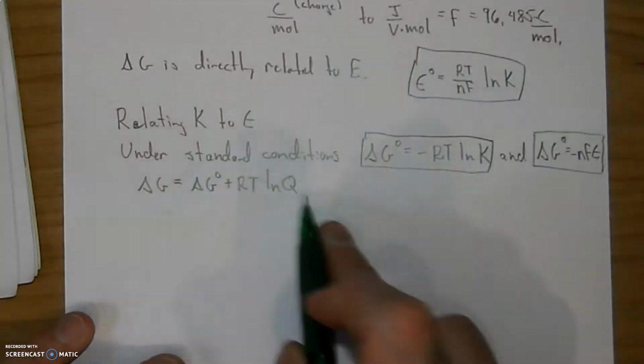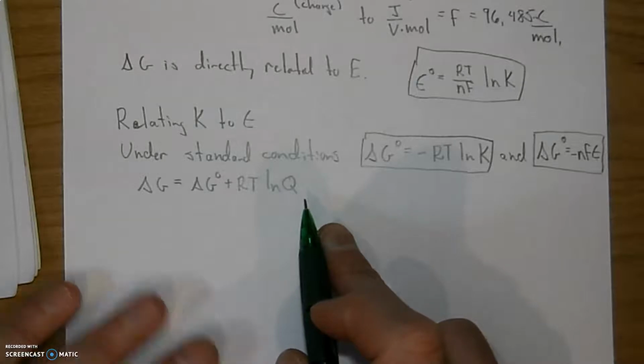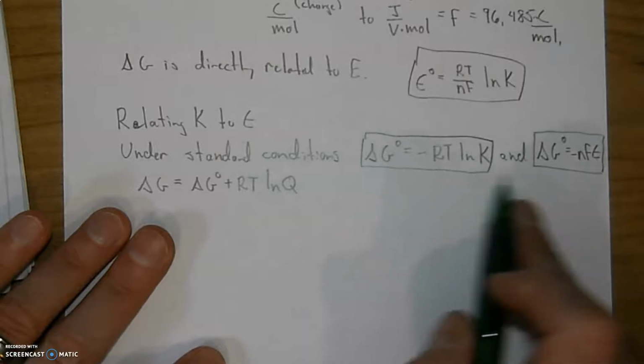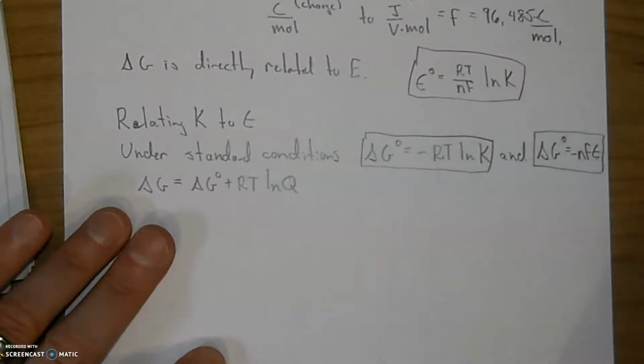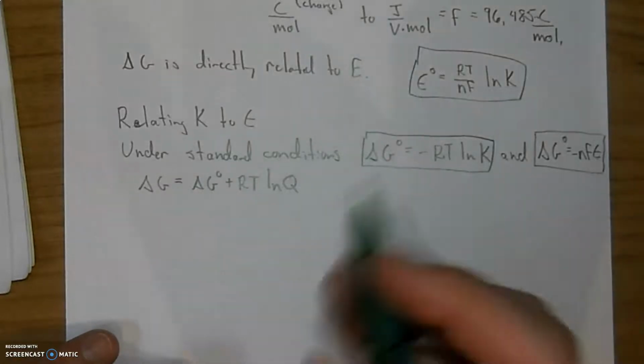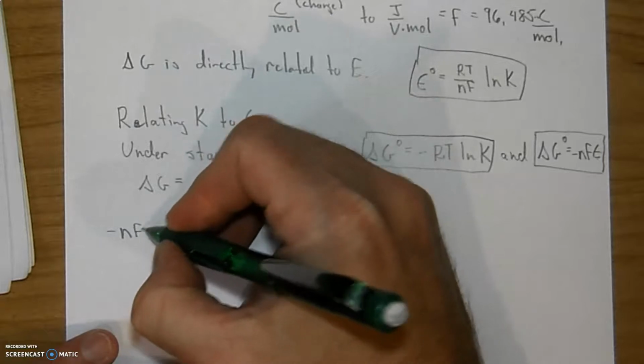Okay, given this equation here, we can make another comparison based upon the relationship that we have with delta G and negative nFE. We can make a substitution into that, and you don't necessarily have to memorize this, but I'm just going to derive it really quick.